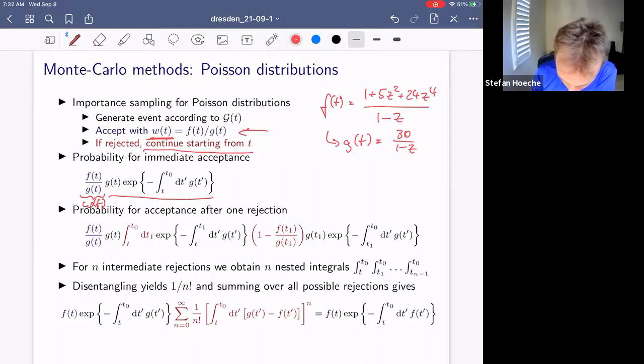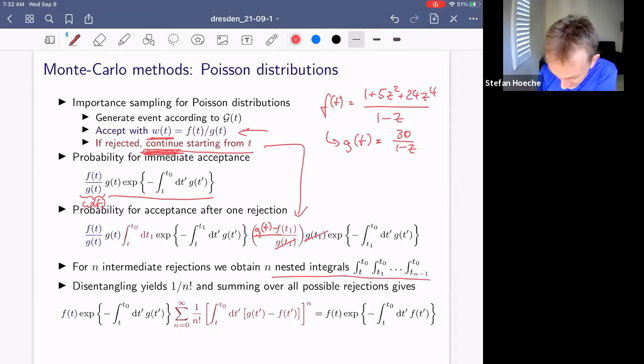If you do this, what you obtain is the rejection probability, which is 1 minus the accept probability. And if you put these two terms here on a common denominator, you find that you can cancel this against this. So you get g of t minus f of t. And if you don't only have one rejection, but you have multiple rejections, you find that you obtain, because of this continue condition here, a nested integral for these multiple rejections.